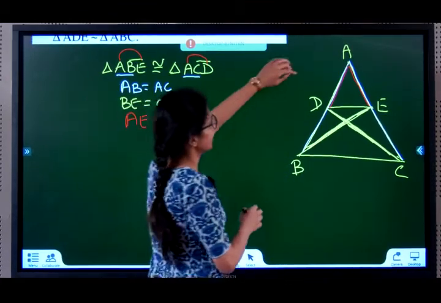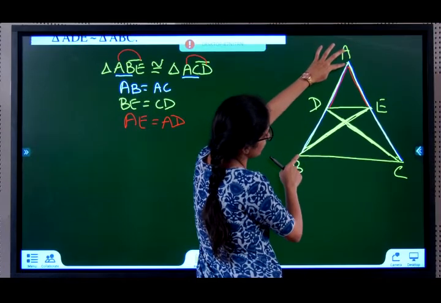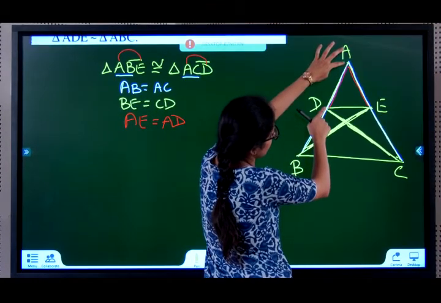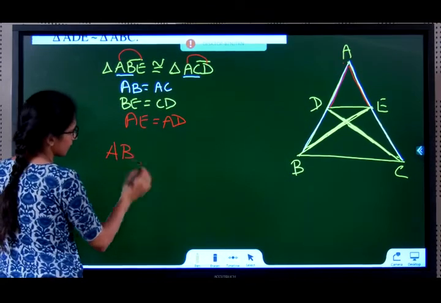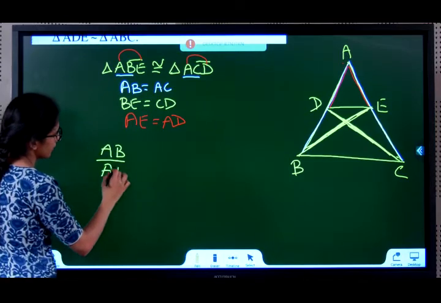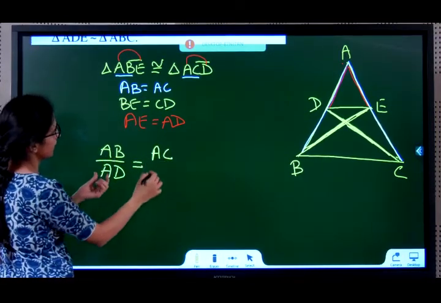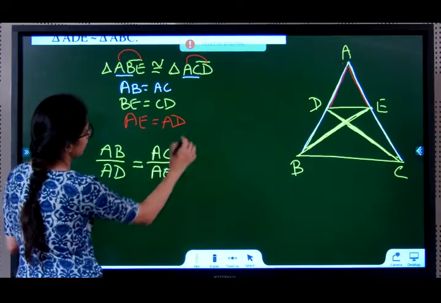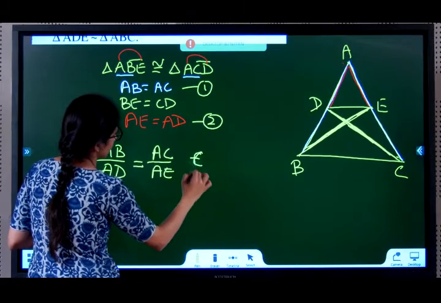Now observe carefully, you can see this white line AB. AB is a bigger triangle, AD is a smaller triangle. So can I write AB by AD is equal to, what is AB? AC. What is AD? AE. How? From these two, from 1 and 2.